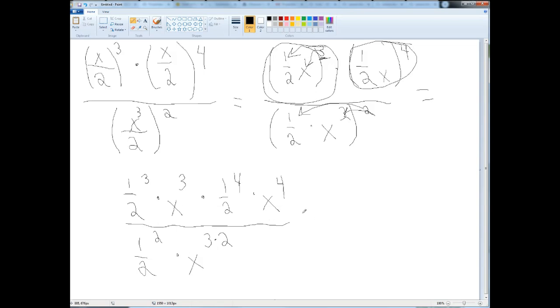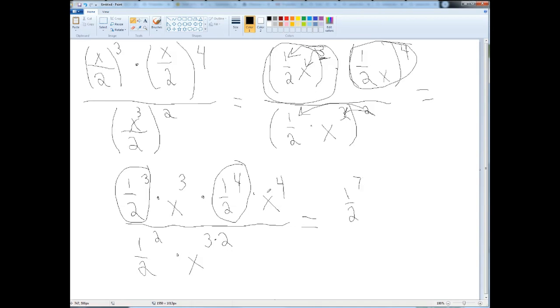Okay, so we're getting somewhere. We're seeing some like terms. Let's see what we can do next. Up top, we have these like terms that we can combine. So that will be 1/2 to the power of 3 plus 4, which is 7.